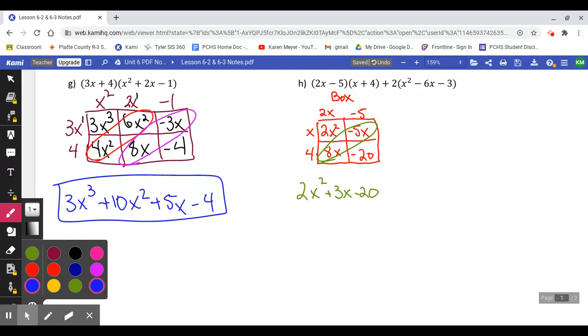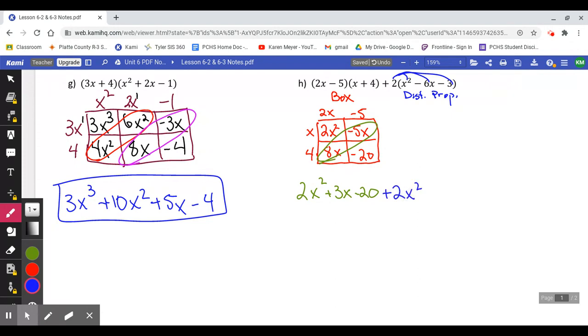Now, the second half of the problem, you have a 2 on the outside, so this is distributive property. So we're going to take 2 times each one of these. So 2 times x squared is 2x squared. 2 times negative 6x is negative 12x. And 2 times negative 3 is negative 6.